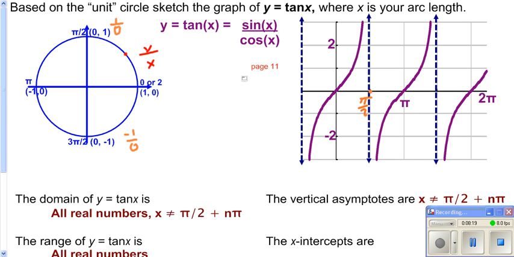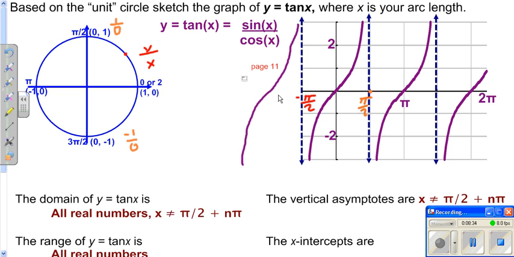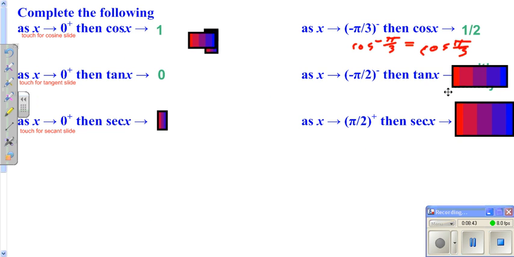Your negative pi over 2 is right here. We're approaching from the left-hand side, so that means we'd have to have another one of these graphs just to the left of it. You'll notice as we approach negative pi over 2 from the left-hand side, it starts to go up forever by that vertical asymptote. So it would diverge to positive infinity.